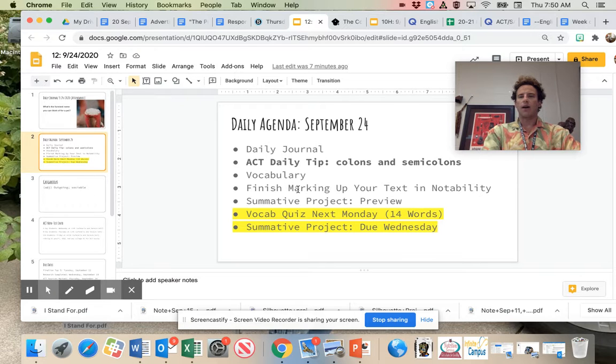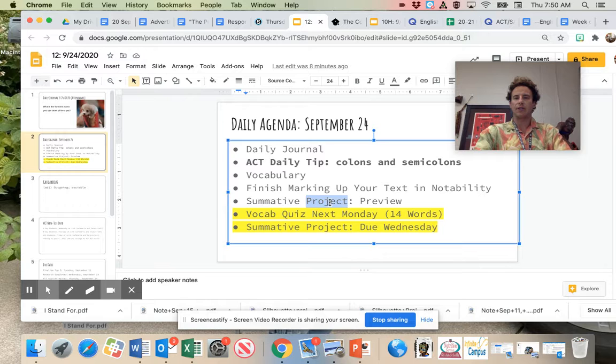Vocabulary word. Other than that, we're finishing up our research. We're finishing up marking our text today. I've got the summative project uploaded in today's folder, so take a look, preview it. Within that project is a detailed video from Mrs. Acosta that explains the project in a lot more detail. So take a look at that. Other than that, upcoming dates are vocab quiz next Monday.